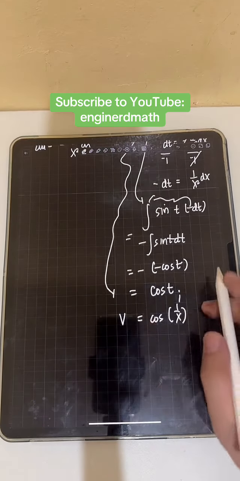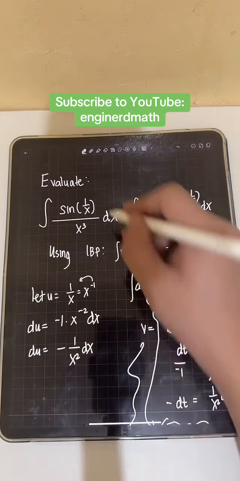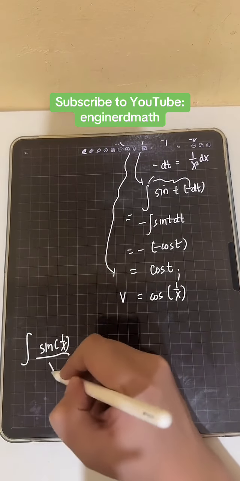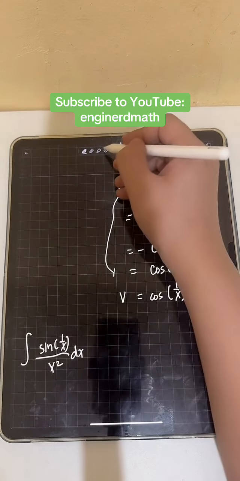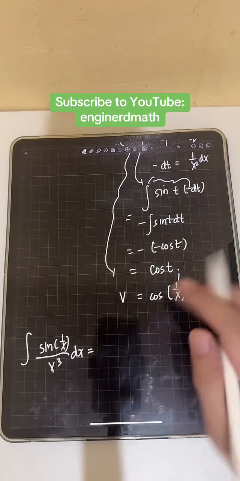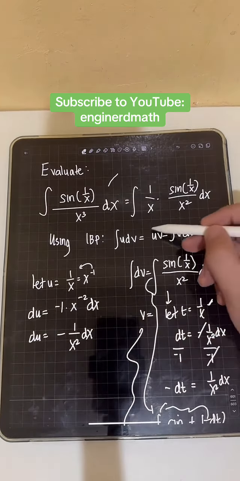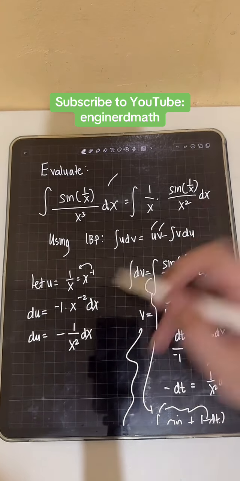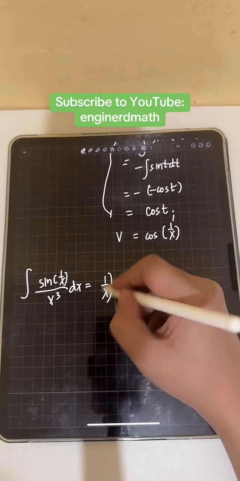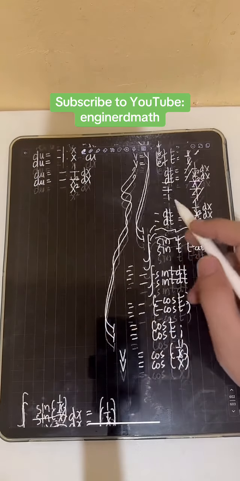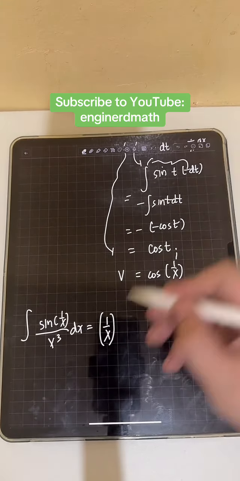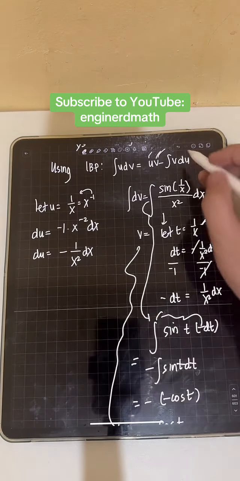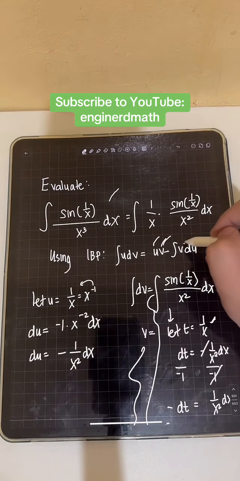So we can now apply the integration by parts formula. Therefore, the integral of the given sine of 1 over x squared dx, x cubed, is equal to uv. So u is 1 over x times v, which is cosine of 1 over x, and then minus the integral of v du.